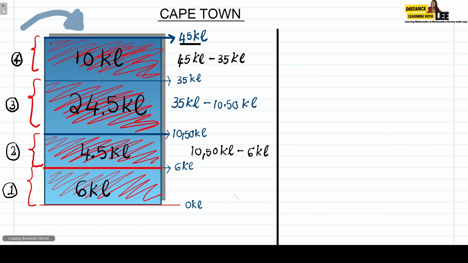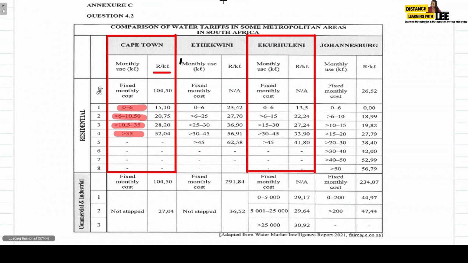We're going to take that fixed cost plus, in the first interval, he basically used 6 kiloliters. So you're going to take that 6 kiloliters and multiply it by how much he gets charged per kiloliter in the first interval.